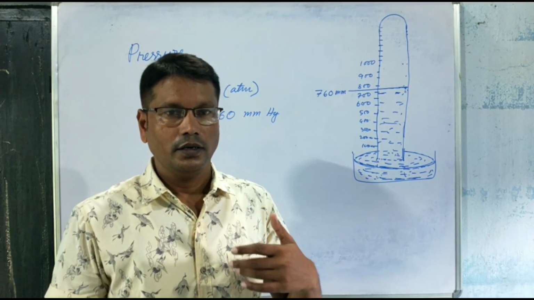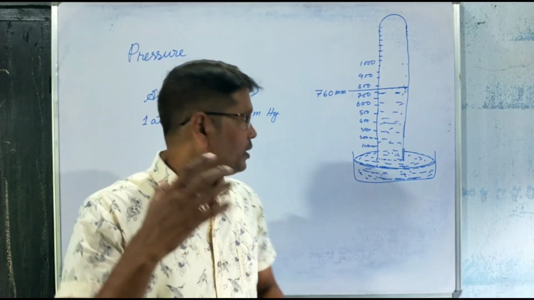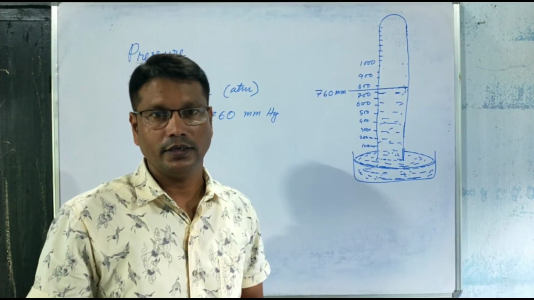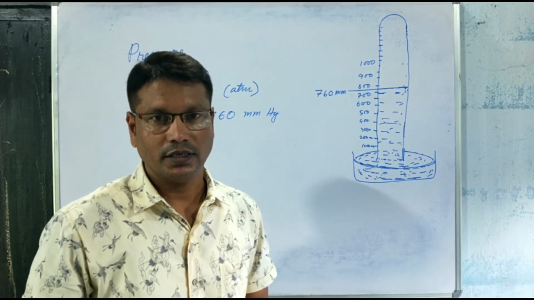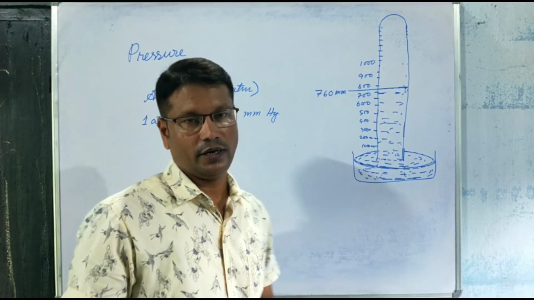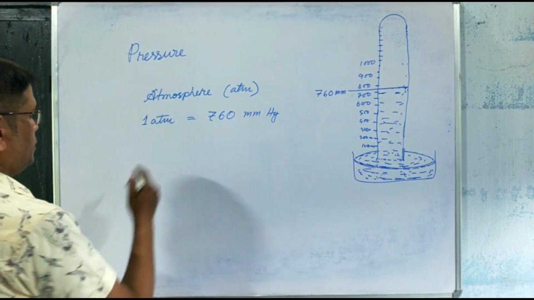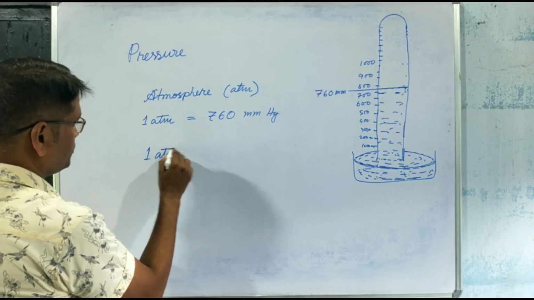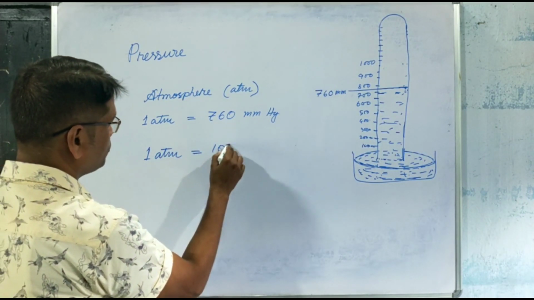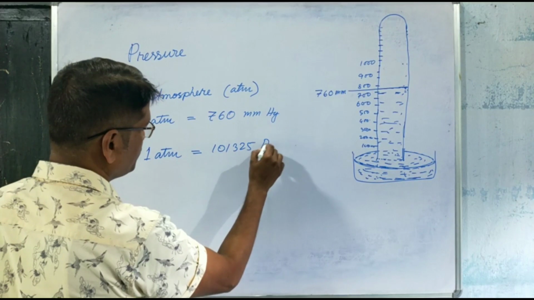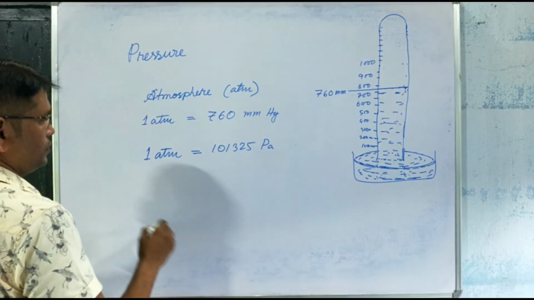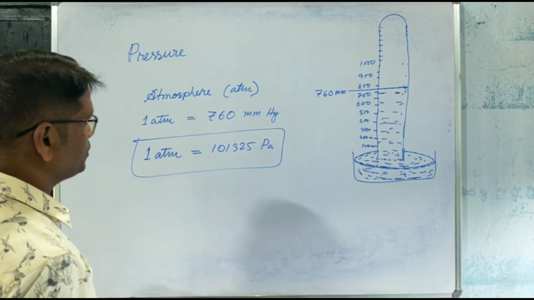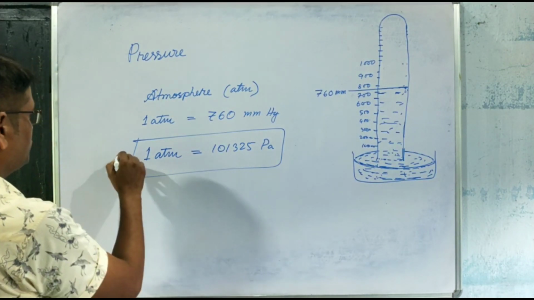Now, if we convert 1 atm pressure into SI unit, that means in Pascal or Newton per meter square, then 1 atm is equal to 101,325 Pascal. So you should keep in mind this.